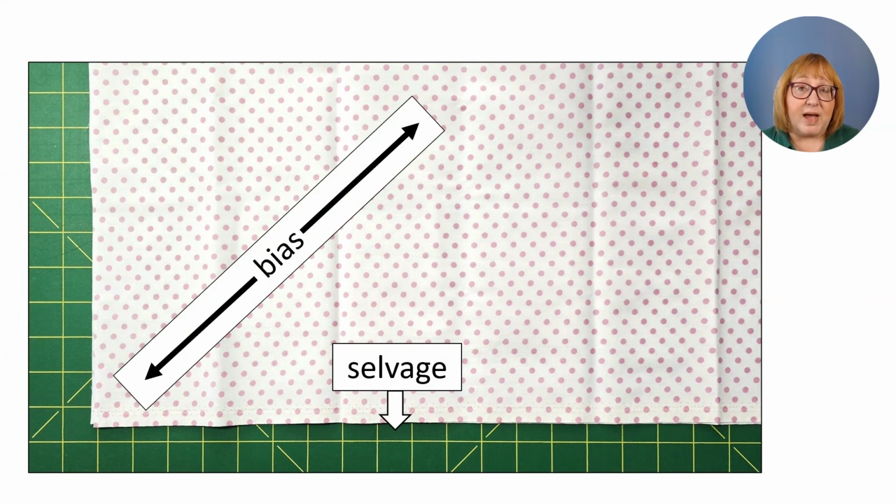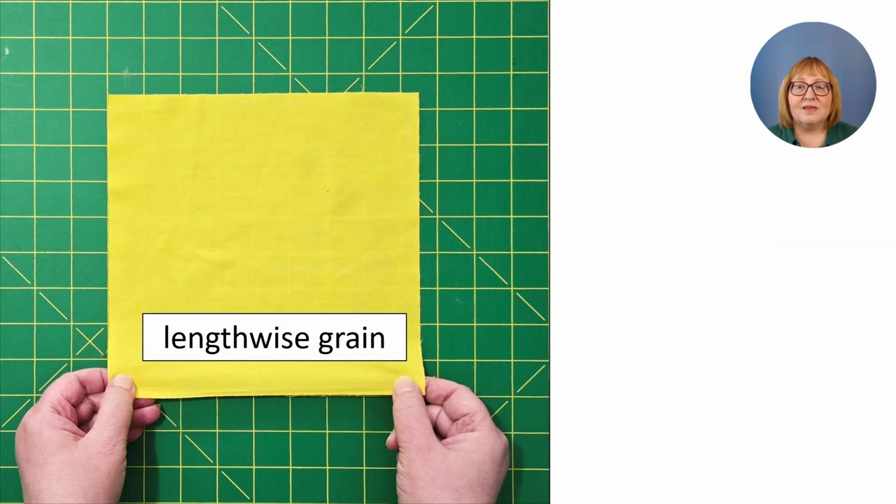And finally, the bias. True bias is along a 45-degree angle to the warp and weft, great for things like Celtic style applique or binding very sharp curves, but it can cause distortion to creep in when you're piecing or pressing. We'll get to some tips for getting around that potential danger shortly.